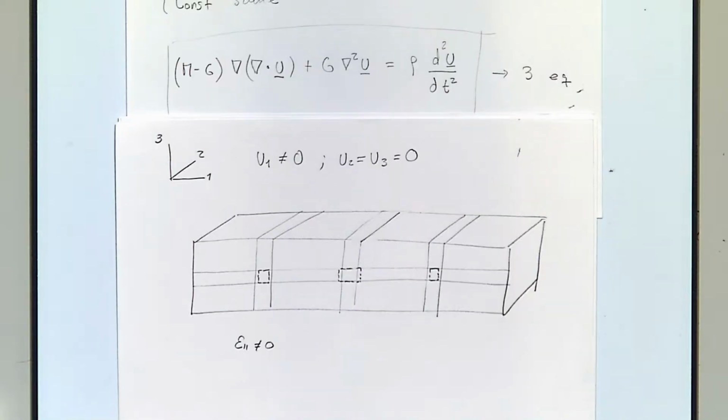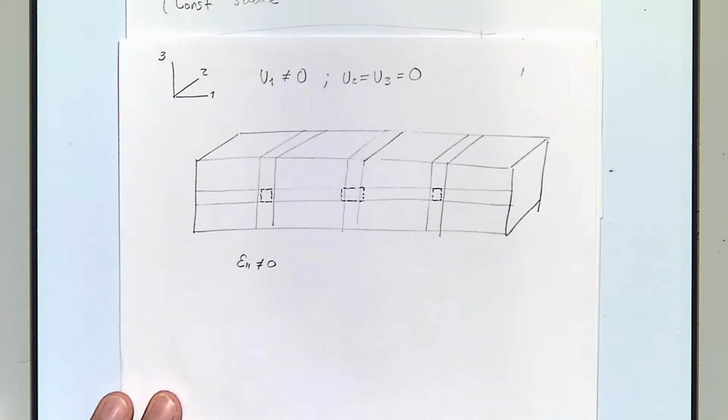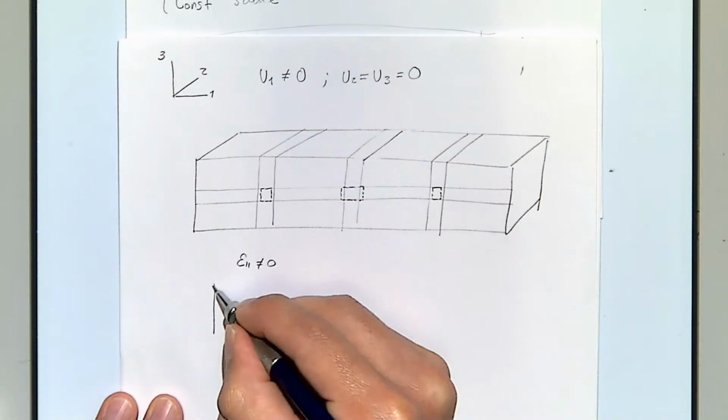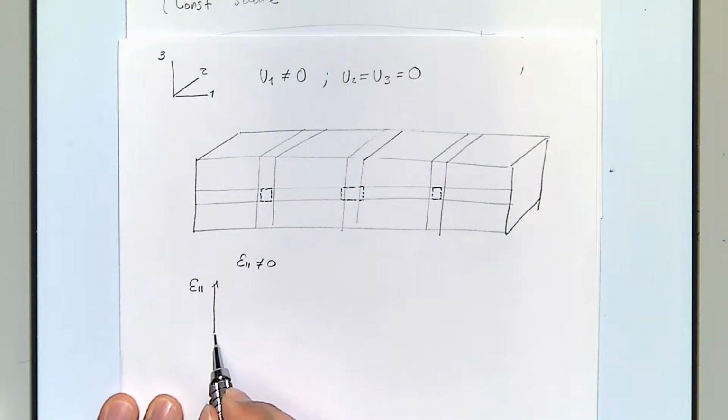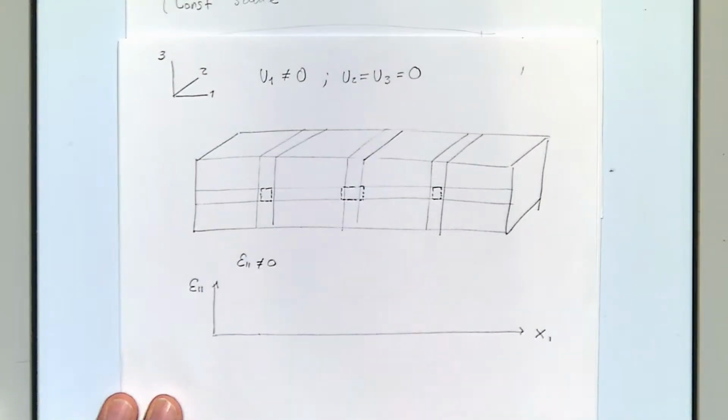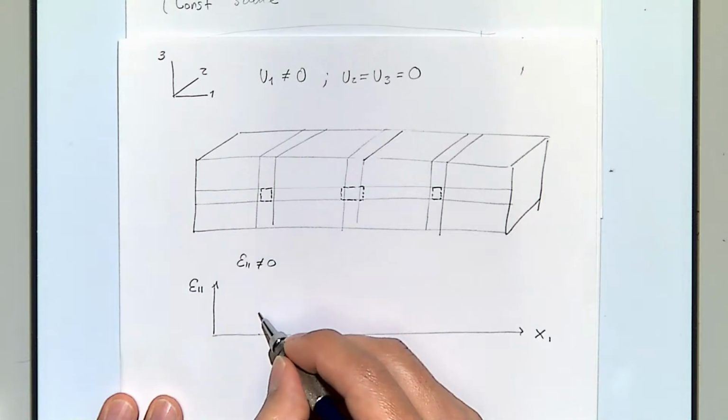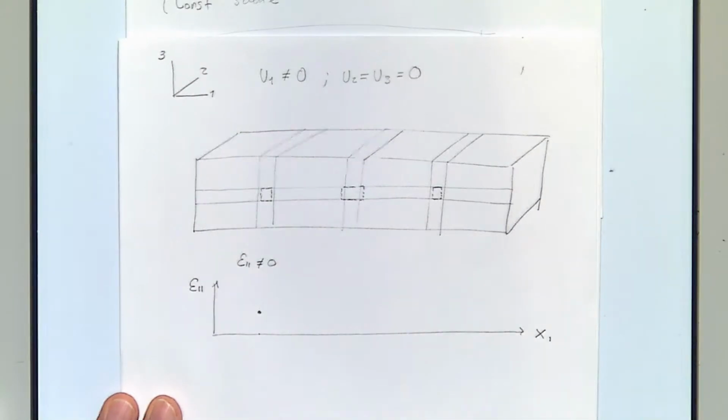All right? So I want to plot here now epsilon 1 as a function of x1. What I'm going to see is that at this point, let's say compression is positive, it's that value over here.